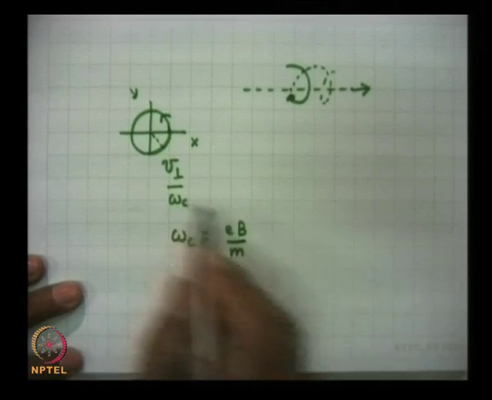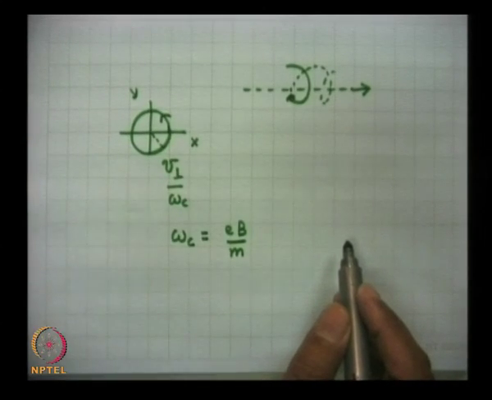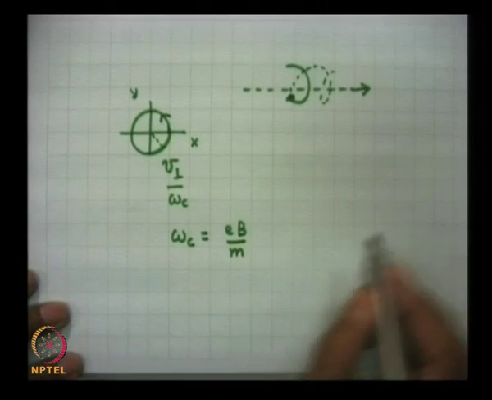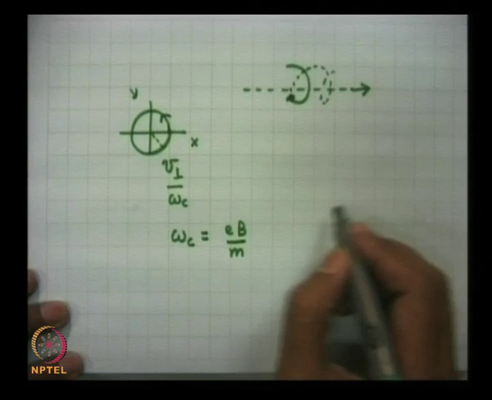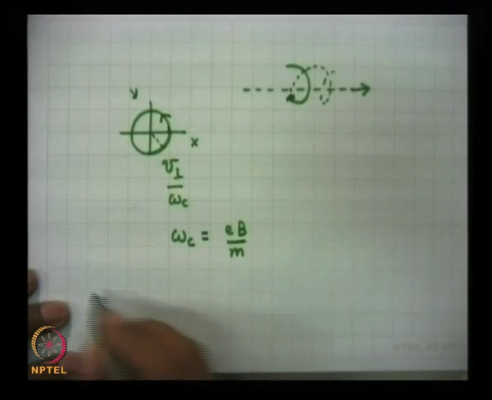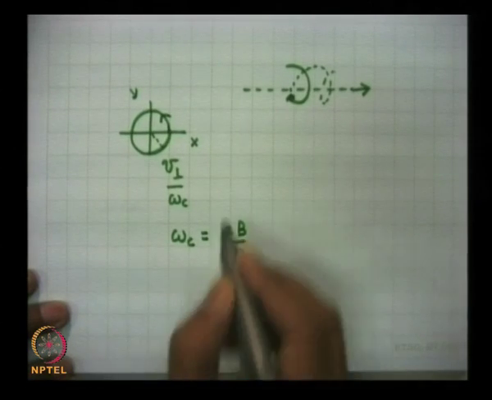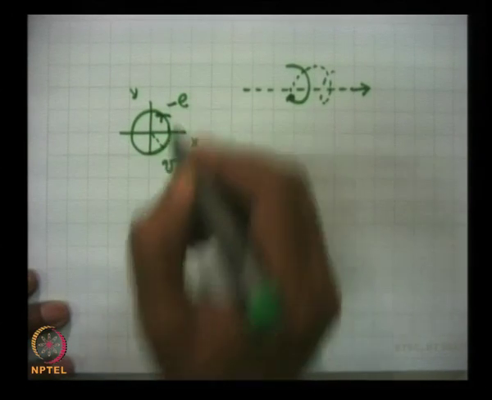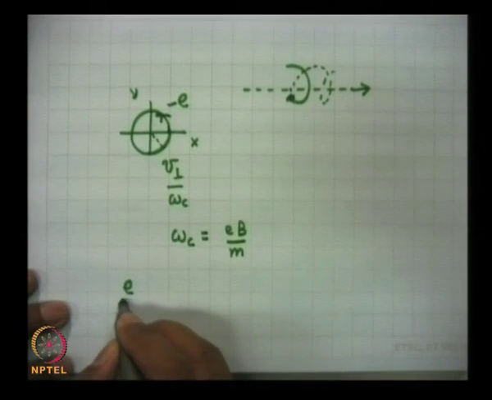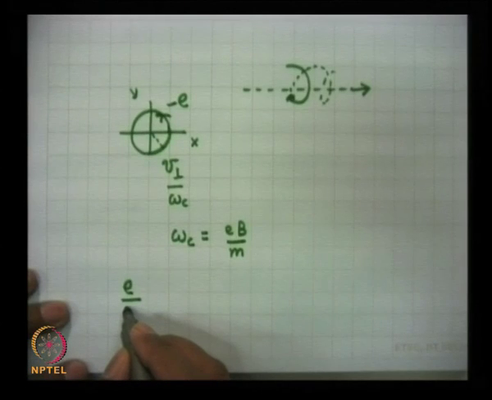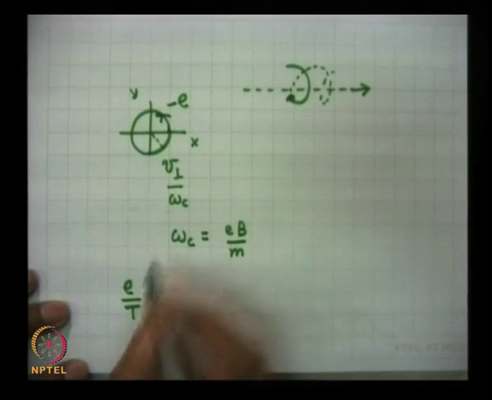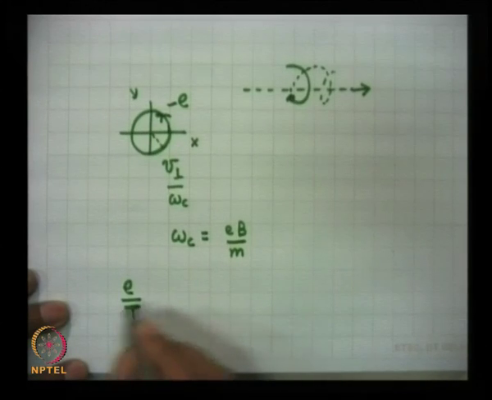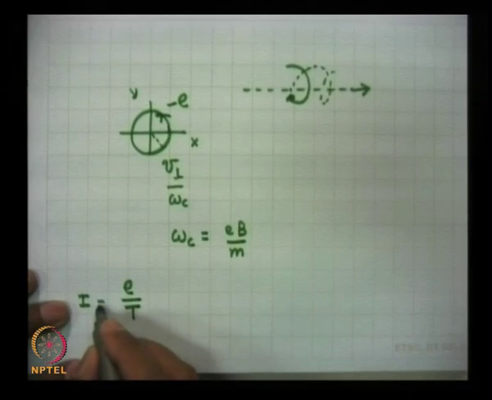Now just like in an atom, we consider the rotating electron like a current loop. So magnitude wise, what is the current in this electron? If the electron is moving in a circular orbit with charge minus e, magnitude e, then e upon the time period for one revolution, say T, is the equivalent current in this loop.